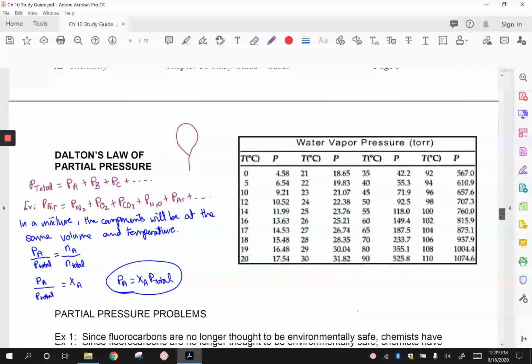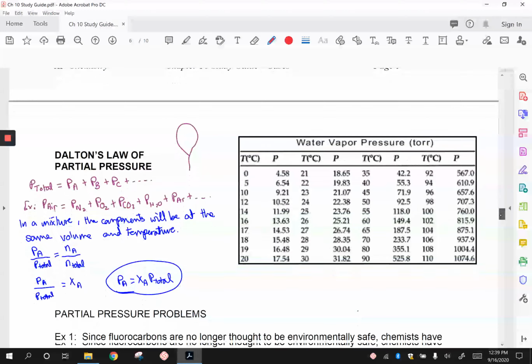Because the higher the temperature, the faster the particles in the liquid are moving, and more of those particles are going to escape as a gas at the surface and collide together and cause a higher vapor pressure. So the higher the temperature, the higher the vapor pressure. And these pressures are given in torr.